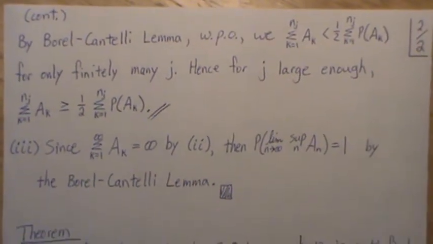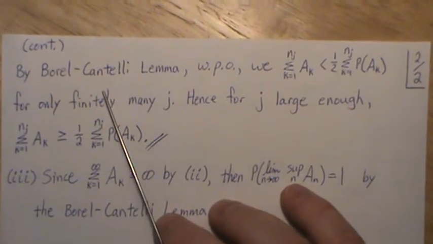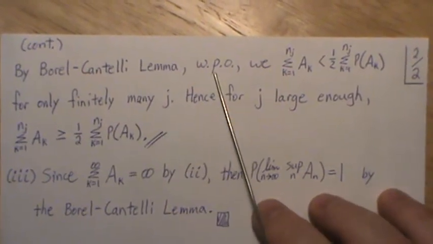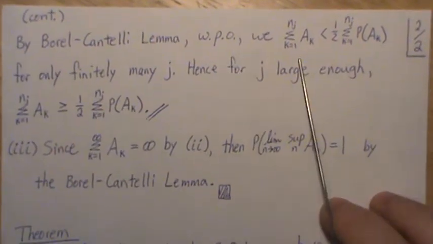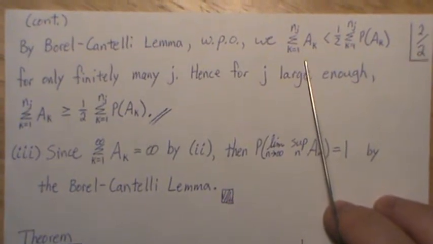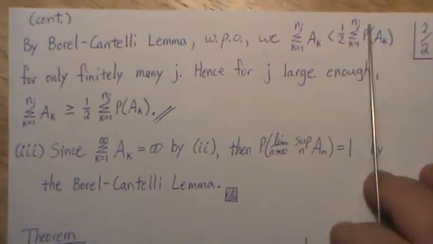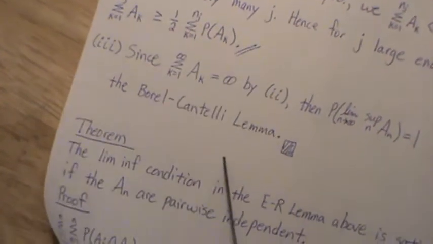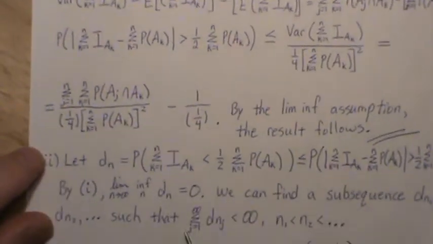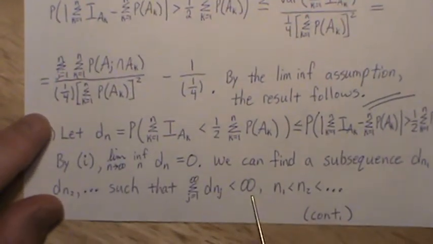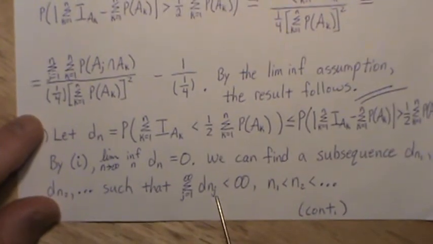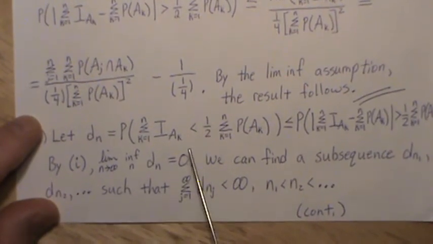Now, that means by the Borel-Cantelli lemma, with probability 1, this sequence only happens for finitely many values, right? So since this sum is finite and dn is this quantity here, right?